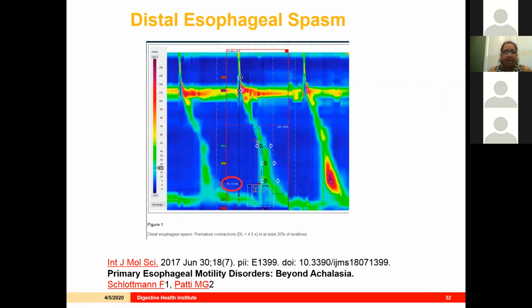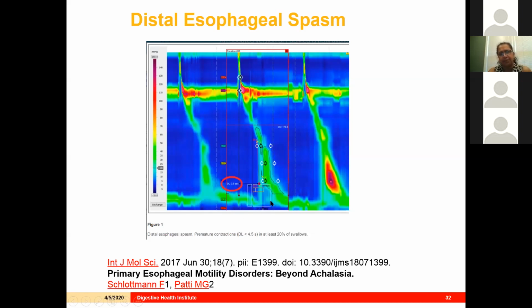Distal esophageal spasm. Okay, these are patients who have premature contractions, or also look more like simultaneous type swallows, and this is going to happen at least 20% of the time. These patients still have the most common presenting symptom of chest pain, and so again, I think it's sometimes challenging to distinguish these patients from EGJ outflow obstruction.